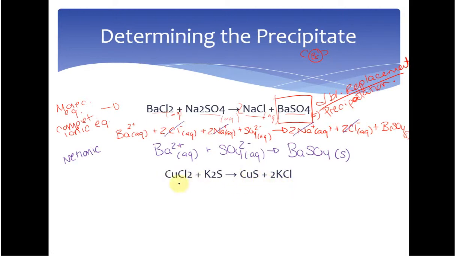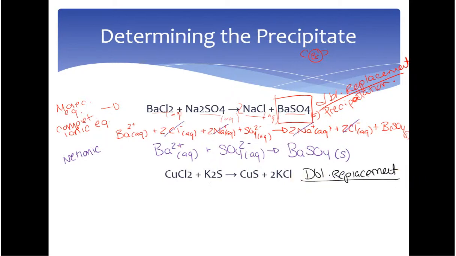It can't be decomposition because I have 2 reactants. It can't be combustion because I'm not reacting with oxygen to make CO2 and water. It can't be single replacement because I have 2 compounds over here. So it must be double replacement. Honestly, guys, precipitation reactions are always going to be double replacement. Not all double replacement reactions are precipitation, though.